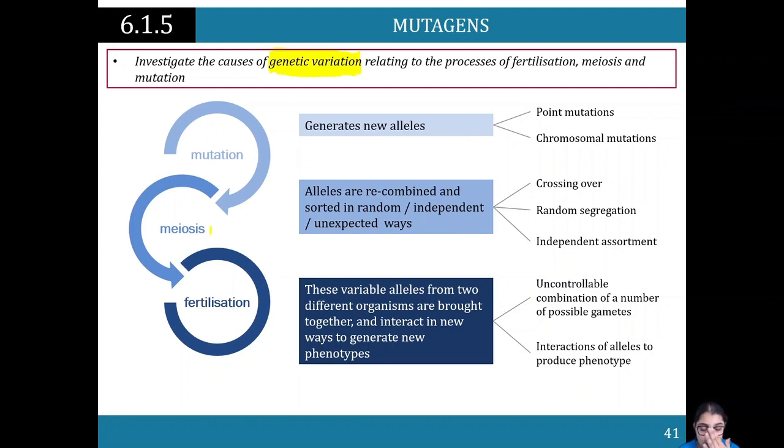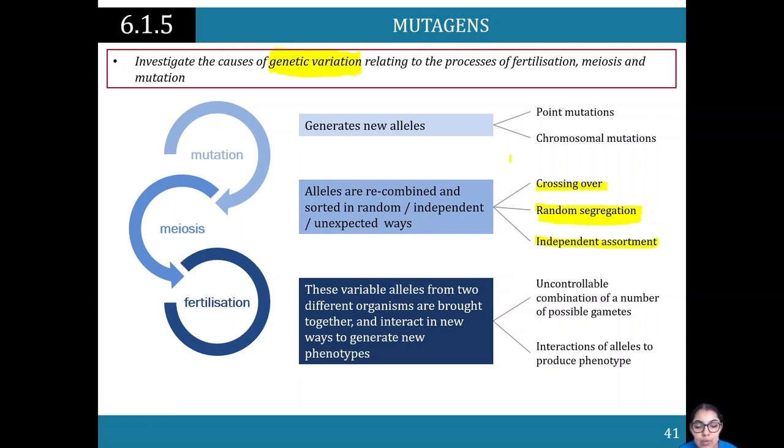Meiosis is when those alleles are recombined and sorted in random, independent ways. So remember, we have crossing over, we have random segregation. The way in which those chromosomes are separated is random, and also the way in which they're sorted and separated is random. So that's independent assortment and random segregation.